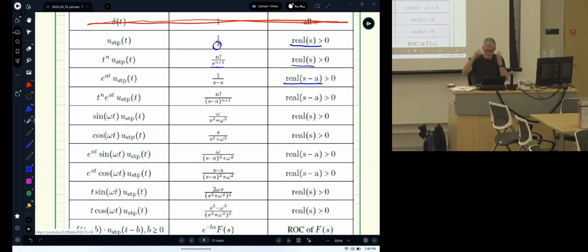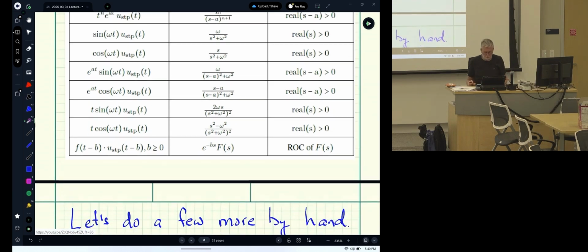We just combine them and we do it, and then when we combine them, this is what we get. We get an s minus a, just like we had with the unit step, we got a 1 over s, e to the at unit step, s minus a. Here, we did cosine, we get s minus a. So it just shows up in a very simple way.